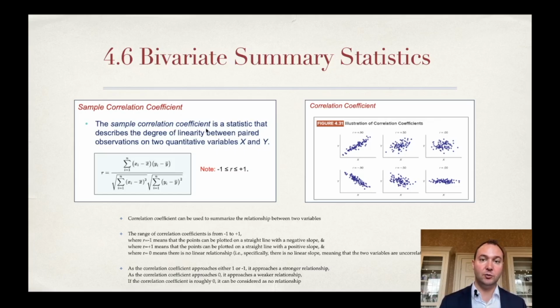Correlation tells you how related two variables are. If they have a positive relationship, such as this example here, you'll see that they form a positive line, if we were to draw a line through our data, if we make a scatter plot from the x and y values.